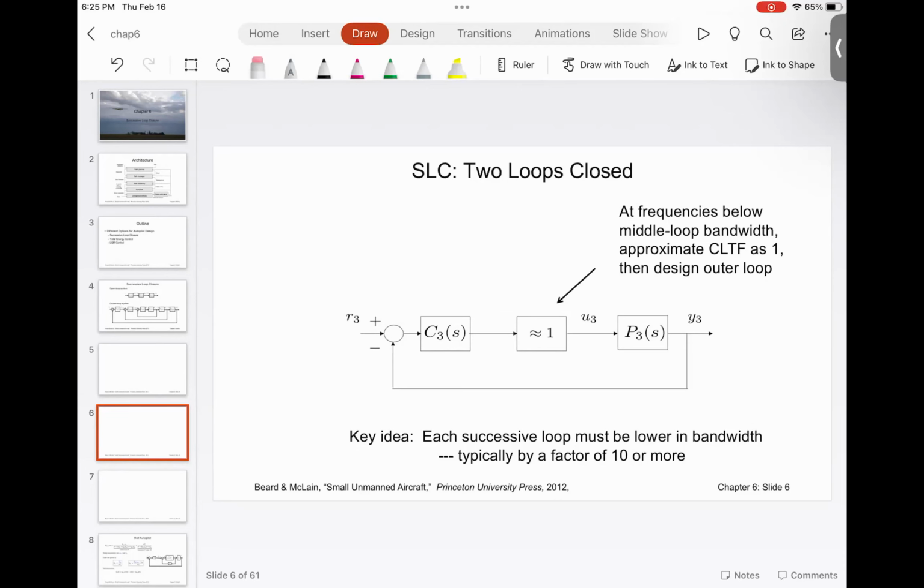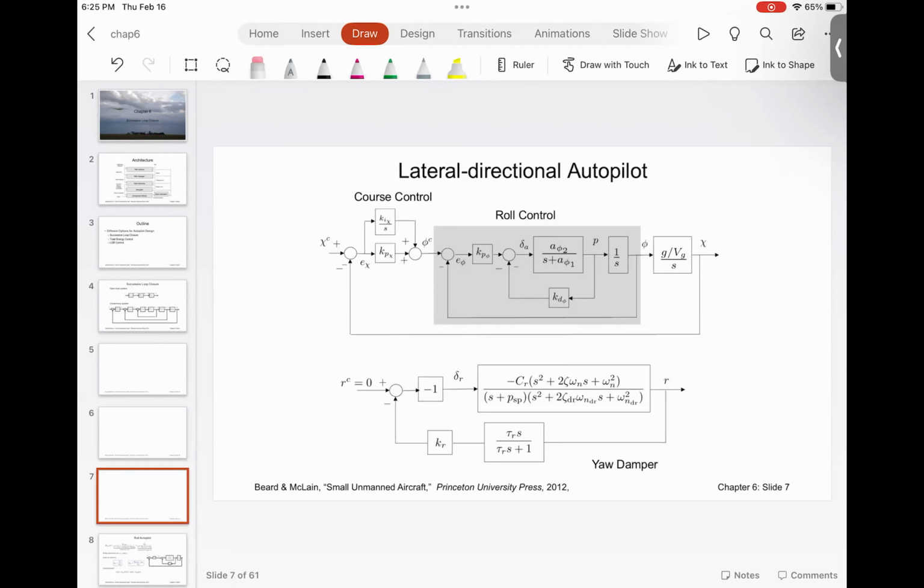So the next thing I want to talk about is this inner loop. How do we actually close this? It starts with the dynamical, the linear model that we developed in the last chapter. So this is the lateral directional model.